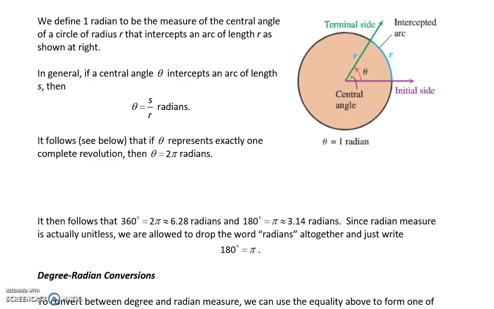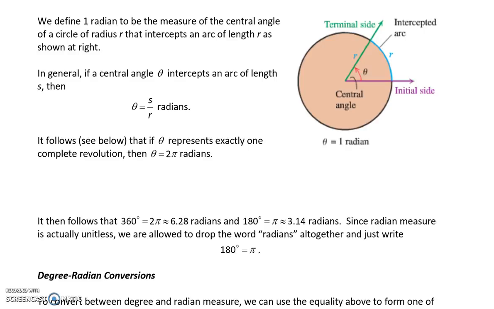So the figure to the right here shows how we would define an angle of 1 radian. We define 1 radian to be the measure of the central angle of a circle of radius r that intercepts an arc of length r, as shown at right.